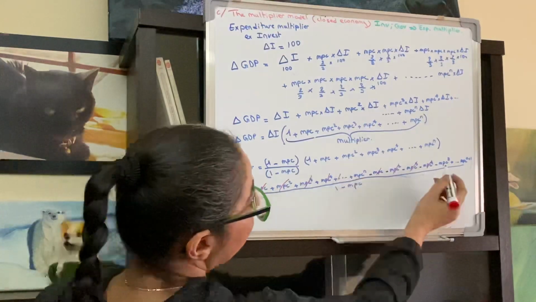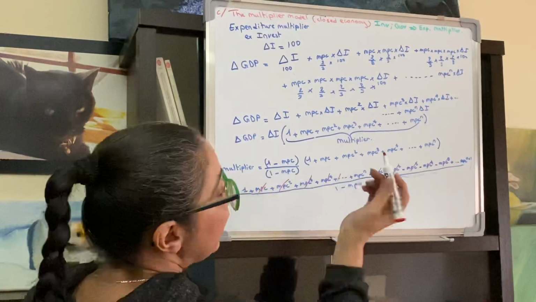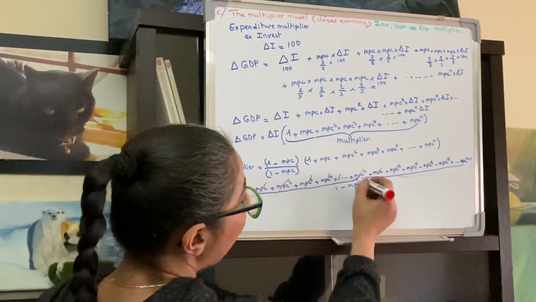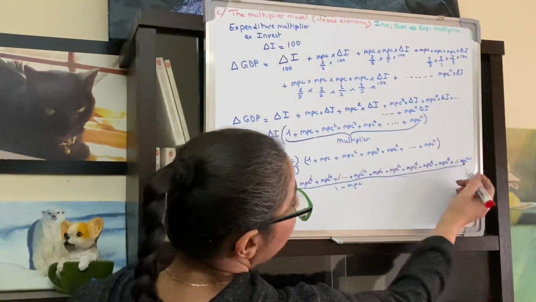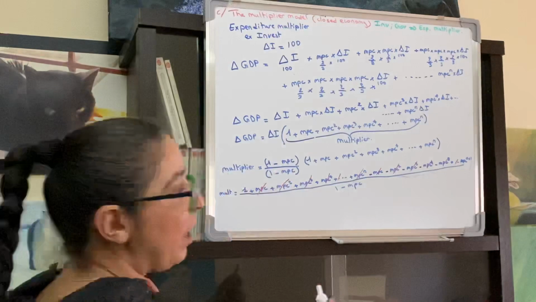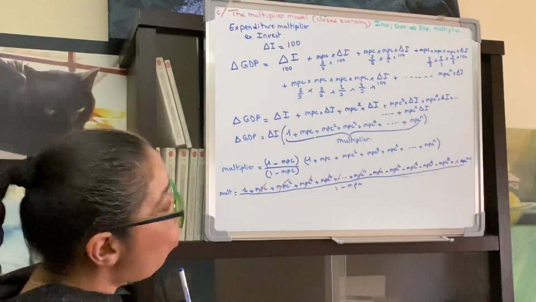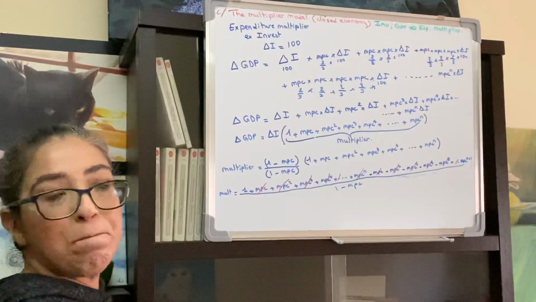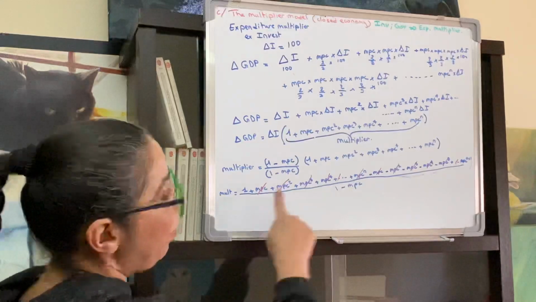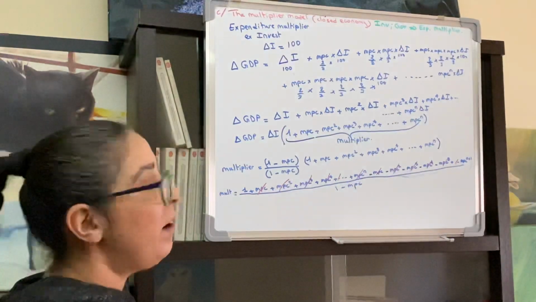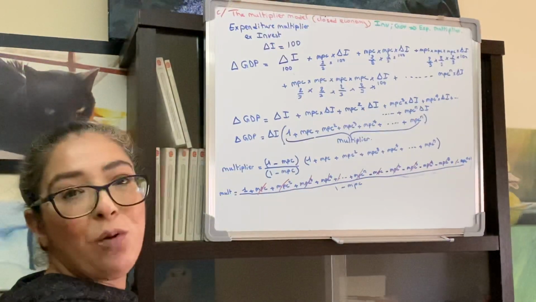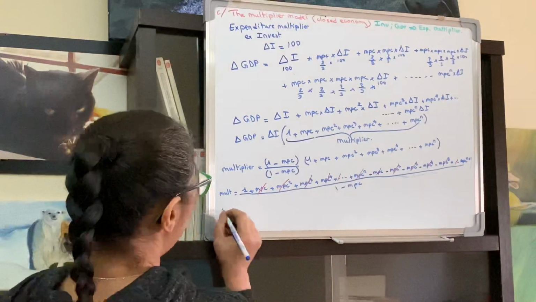MPC5 minus MPC5, 0. The only thing I'm going to be left with is MPC to the power n plus 1 over 1 minus MPC. Okay, 1 plus MPC n plus 1 over 1 minus MPC. So the multiplier is equal to 1.